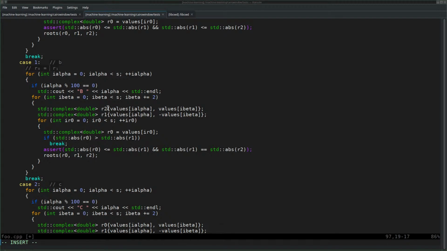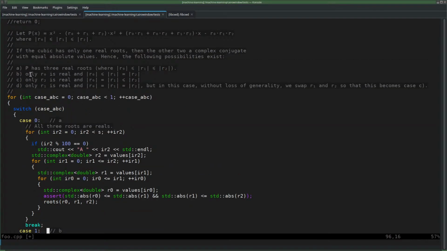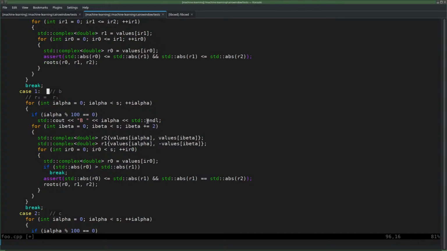You're gonna be kidding me. R1 and R2? This means that case B. Maybe R0 is real. Oh, okay, it's the other way around. Yep, there's one. R1 and R2 are complex, and this one is real. R1 is then the one with the minus sign.